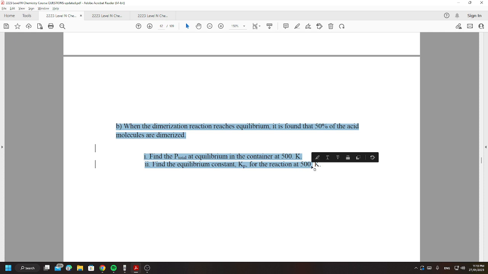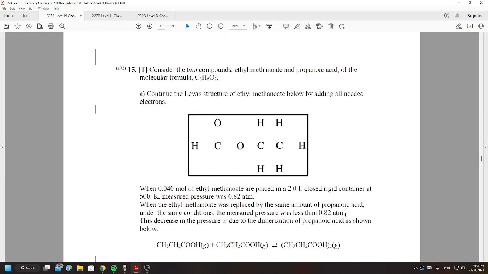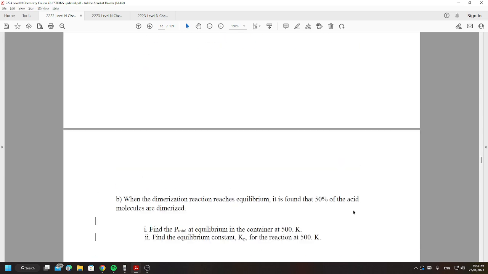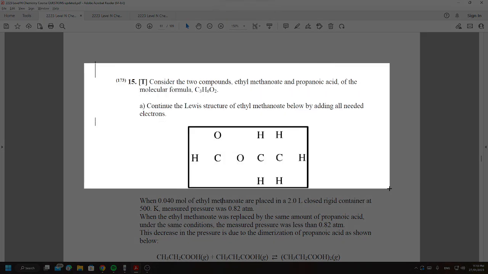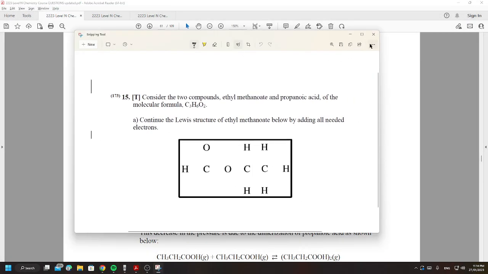Part B is similar to that one question we did, which was like 30% and 70%, so I don't think I'm going to do this again, because I want the recording to be short. And they give you some things here, like pressure, volume, 0.82. So I'm just going to continue the Lewis dot structure and then khalas.